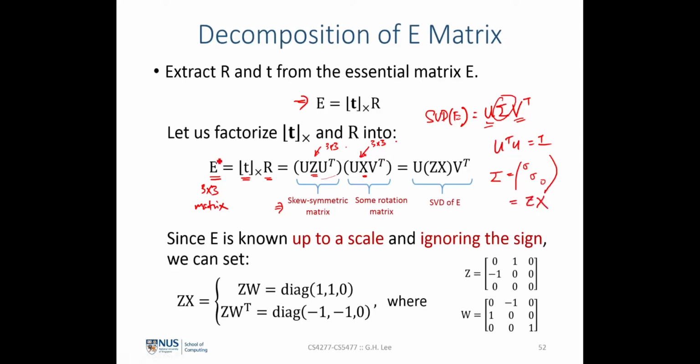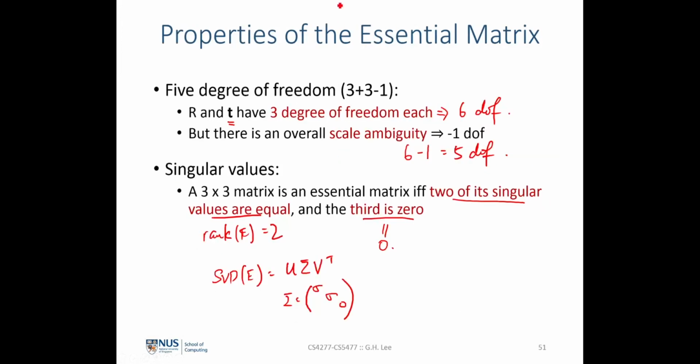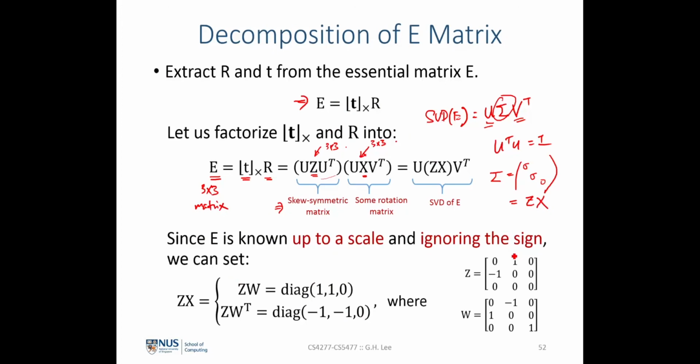And since E here is known up to scale, because we saw in the property here that for the translation vector over here, there's an overall scale ambiguity. That's why minus 1 degree of freedom here. We can ignore the sign of Z and X. What this means is a suitable choice for Z and X, when multiplied together, should give us this end result over here. Z equals to this matrix over here, and W equals to this particular matrix over here.